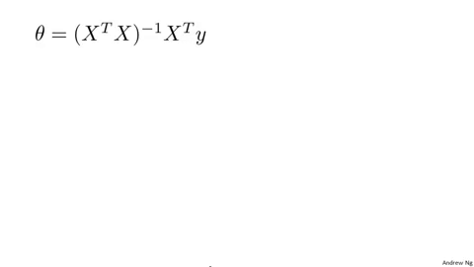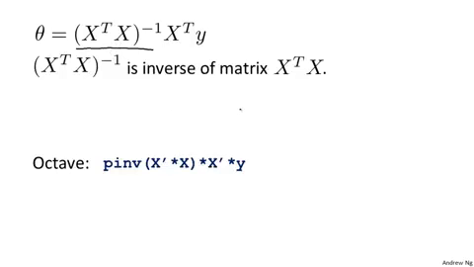I just want to make sure that this equation makes sense to you and that you know how to implement it. So, concretely, what is this X transpose X inverse? Well, X transpose X inverse is the inverse of the matrix X transpose X. Concretely, if you were to set A to be equal to X transpose times X, so X transpose is a matrix, and X transpose times X gives you another matrix, which we'll call A, then X transpose X inverse is just you take this matrix A and you invert it.